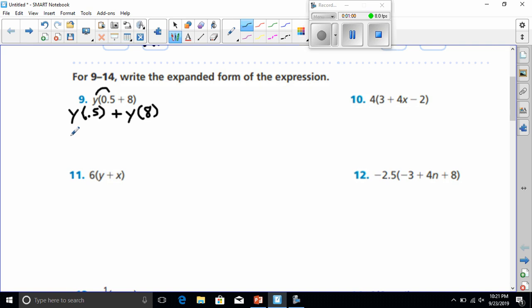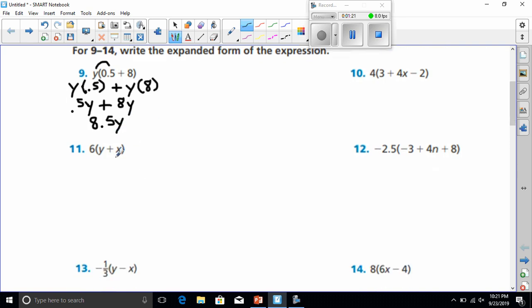And if I do that, I have 0.5y plus 8y. And well, since they're both y, my variables are the same, and I can combine that, and that's going to make 8.5y.